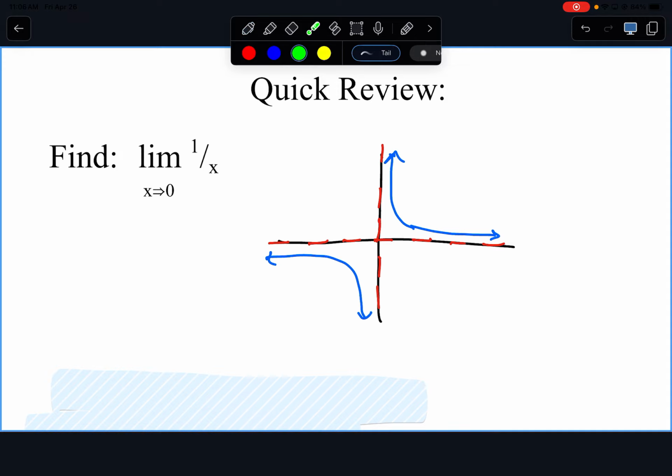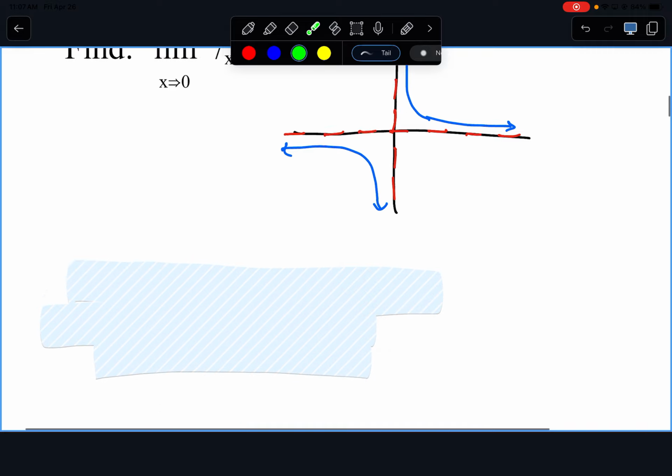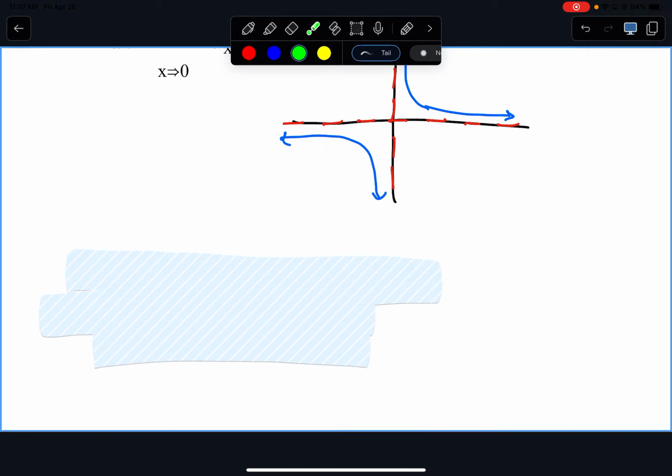Okay. All right, so we now have the graph, which means we should be able to answer the question. What's the limit as x approaches 0? Remember, when we look at a limit at a value, you got to check from both sides. So I'm actually going to come down to here for a second.